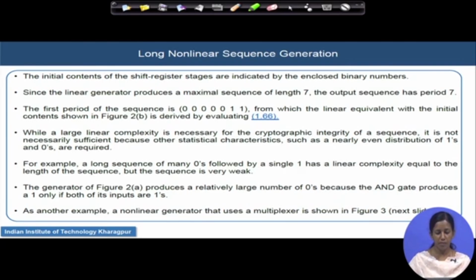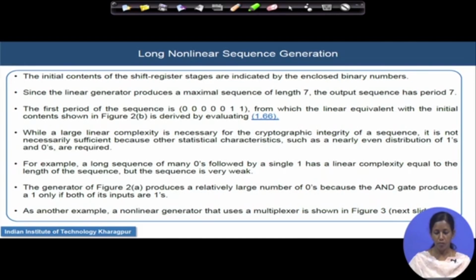So, these are some explanations that I have already told earlier. A larger linear complexity is definitely required if we wish to give a high value of security for the cryptographic integrity of a sequence.